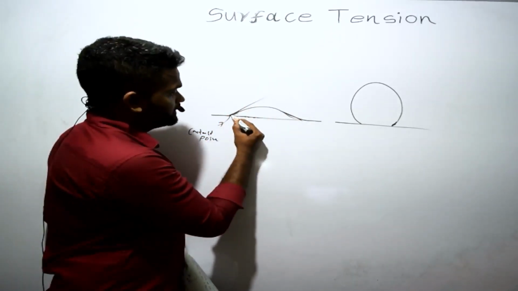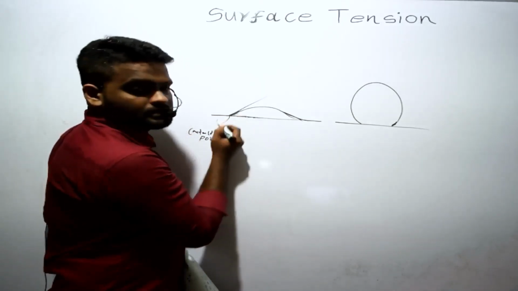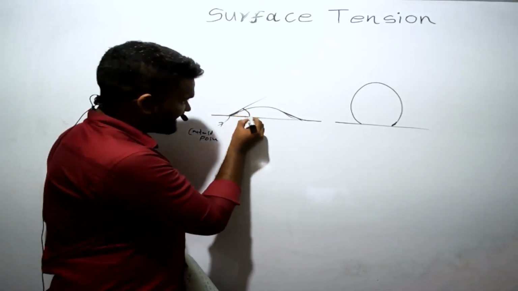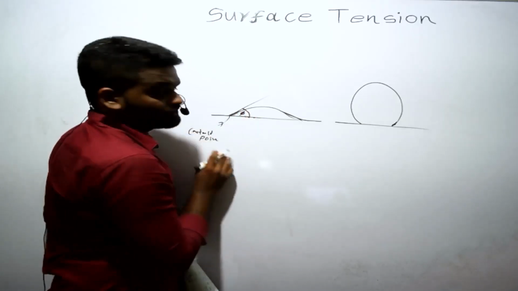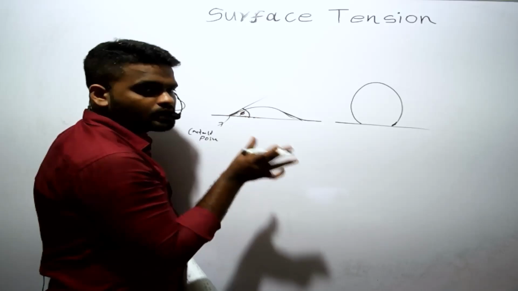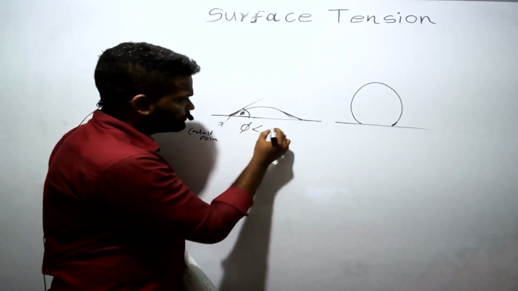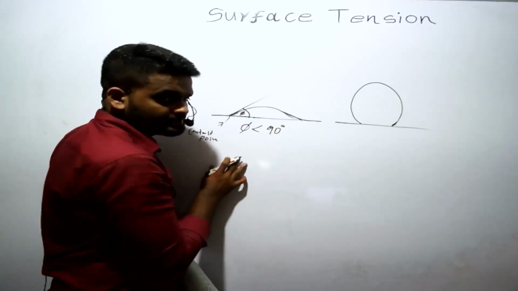The angle between these two is what we call the contact angle. You can see for water on glass, the contact angle is an acute angle, less than 90 degrees.